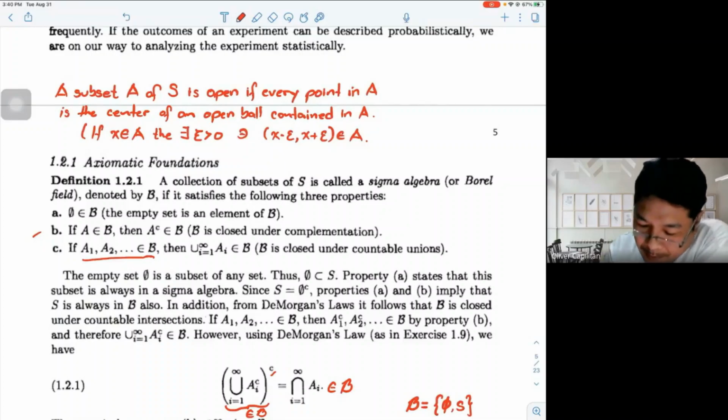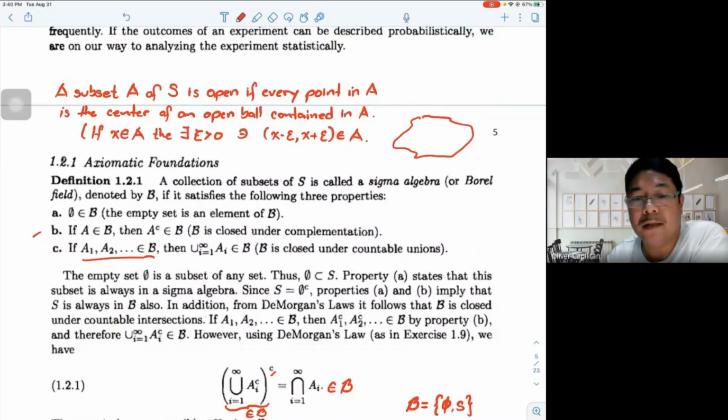Say for example, this is our set A. This subset A of S is open if every point in A is the center of an open ball that is contained in A. So we can say here, we have a particular element of A, say this is x.